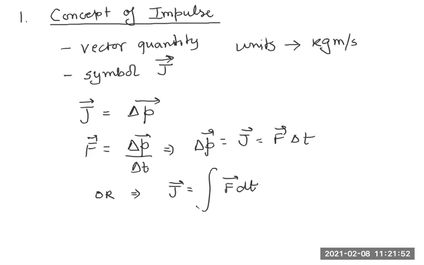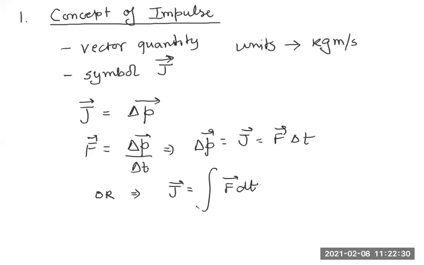And the change in momentum will be equal to force applied multiplied by time, which is nothing but the impulse imparted to the system. And so, force multiplied by time gives us impulse, and impulse divided by time gives us force. Okay, so impulse is a vector quantity which represents simply the change in momentum.